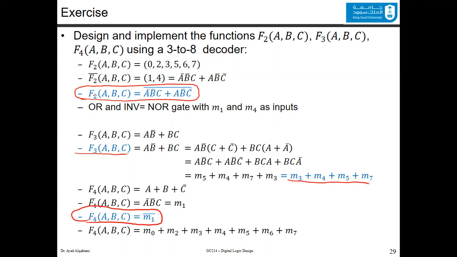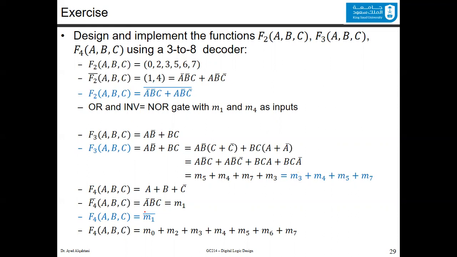Notice that F2 will have the two minterms shown here, which is 1 and 4, but they will be the input of a NOR gate. F3 is normal. You get the minterms 3, 4, 5, and 7, and you OR them together. F4, you will get M1 and you will invert it using a single inverter.